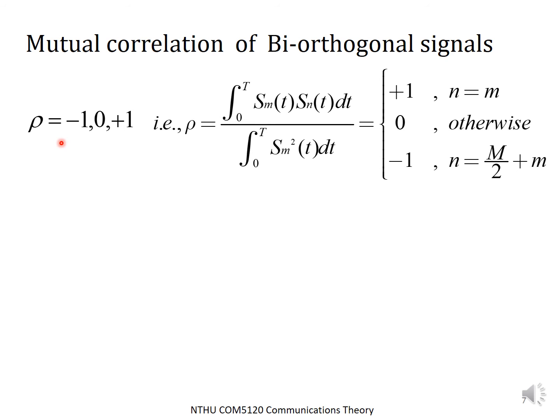The correlation coefficient is defined as the normalized value of the cross inner product, the inner product of different waveforms, with normalization. As we can see, the normalization of the inner product would take three different values.